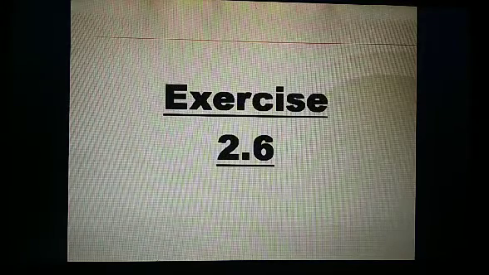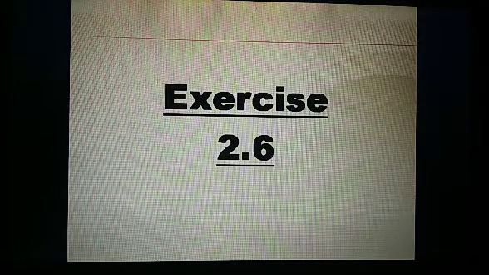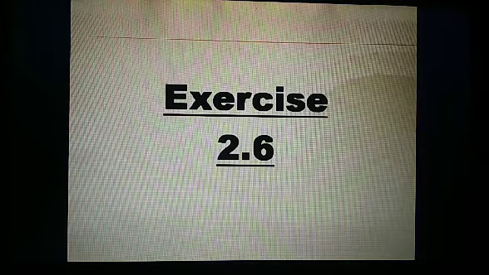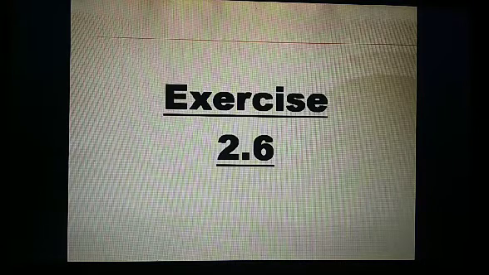Moving to exercise 2.6. What we are supposed to do here is, we are supposed to multiply the decimal number. Now there are different cases. Either we will multiply a decimal by a whole. In that case, while multiplying, just focus on the number part.